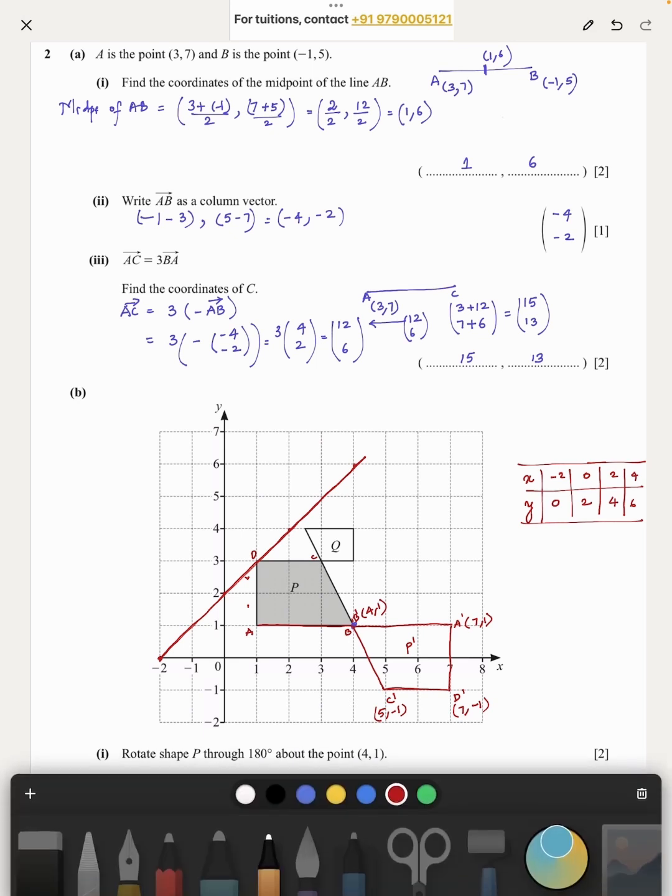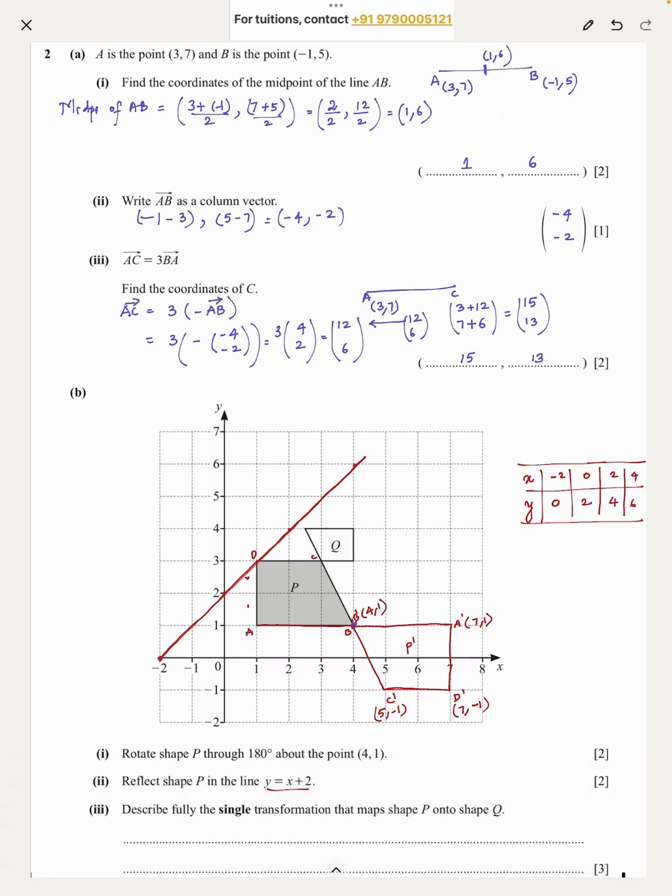Now let's project this. We're just asking for the shape P. So two boxes. Then 1, 2, 3 from A to B. 1, 2, 3, three boxes.